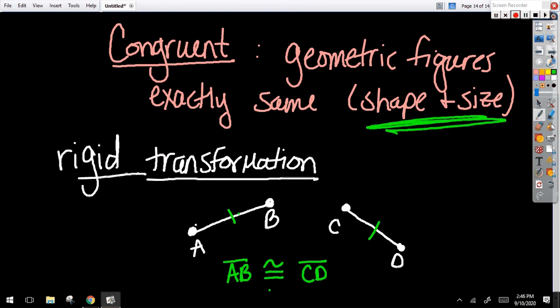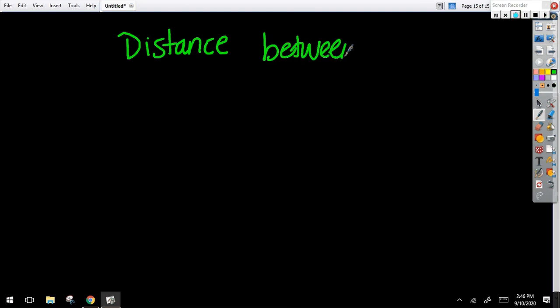Now, last thing about line segments is we will talk about distance between points, specifically on a line between, as like the length of a line segment, distance between points. Now, as you know, distance is never negative.